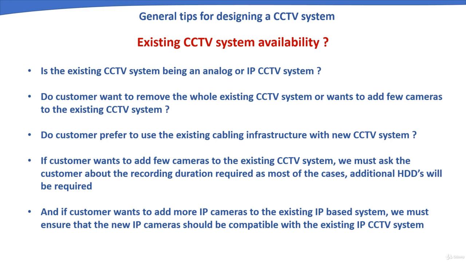Next point, does the customer prefer to use the existing cabling infrastructure with the new CCTV cameras or NVRs? Many times customers want to use their existing cabling infrastructure, but as a CCTV system designer, we must ensure that the existing cabling infrastructure meets our new CCTV system requirements and the existing cabling is in good condition.